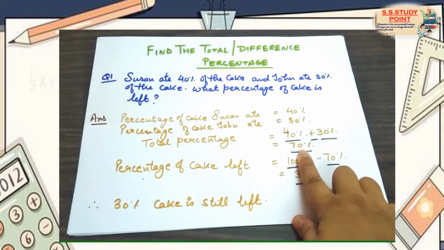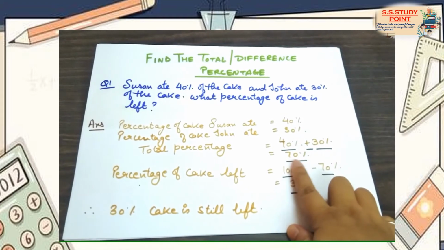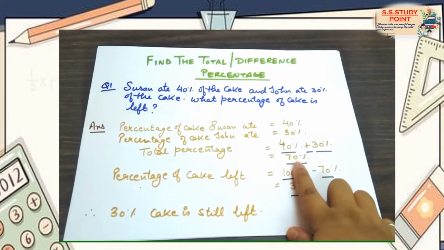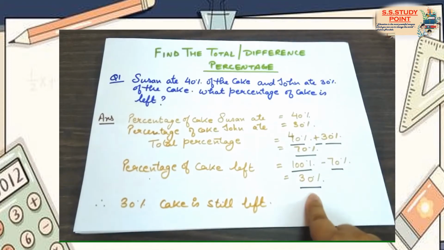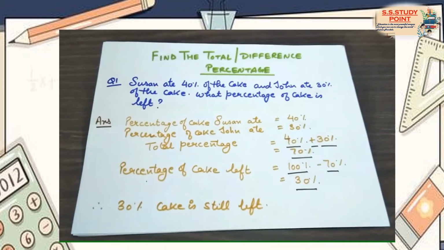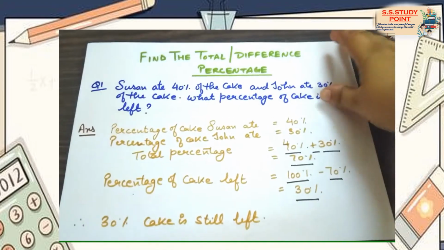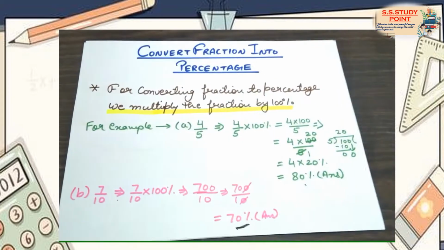In total, what should be the percentage? 100%, out of which 70 is eaten. So what is left? 100 minus 70, we get 30. So 30% of the cake is still left. I hope you have understood from this question how to add or subtract.